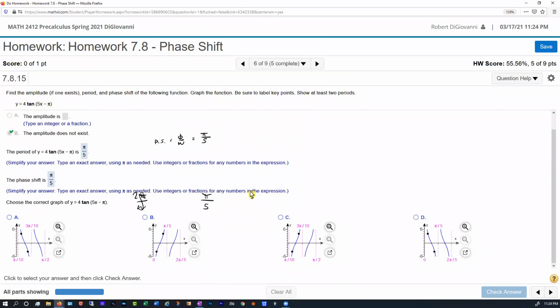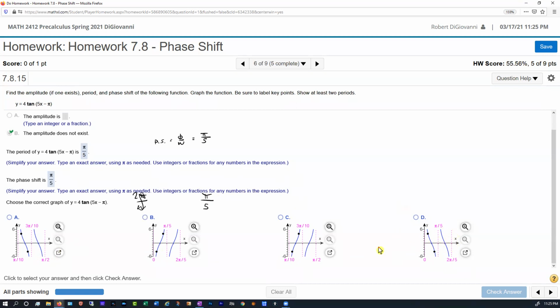All right, next one, choose the correct graph. The period is pi over 5. Here's pi over 5. We're looking for the period, so it goes from 0 to pi over 5, then another period would go to 2 pi over 5.